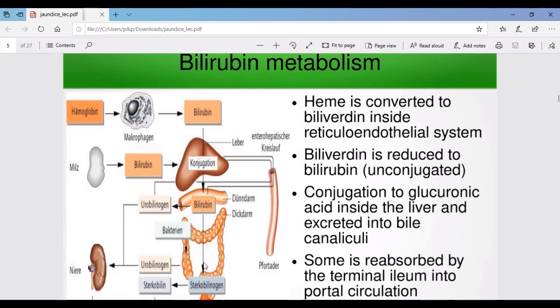The part which was absorbed in the terminal ileum, when it gets to the liver, the liver takes up this part and re-excretes it again in the enterohepatic circulation. But some of it escapes the liver and reaches the kidney, where it is excreted, and is known as urobilinogen.